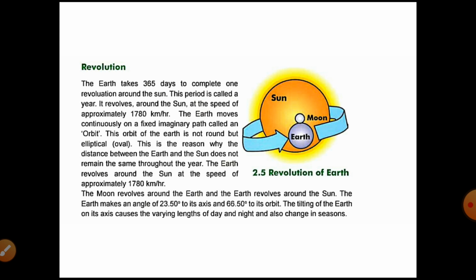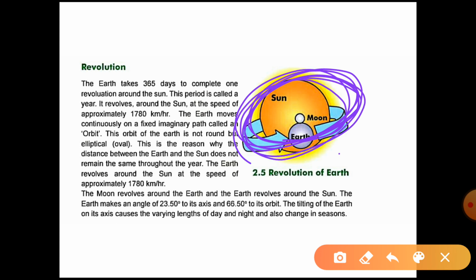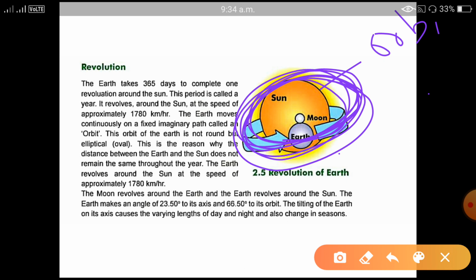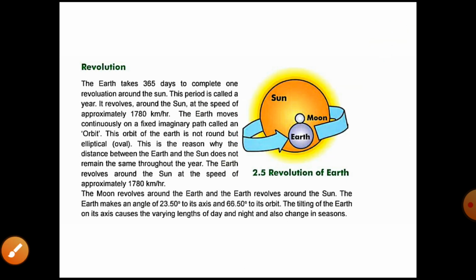The earth moves continuously on a fixed imaginary path called an orbit. So while the earth is revolving around the sun, it is not changing its path. It has one imaginary path which is known as an orbit.